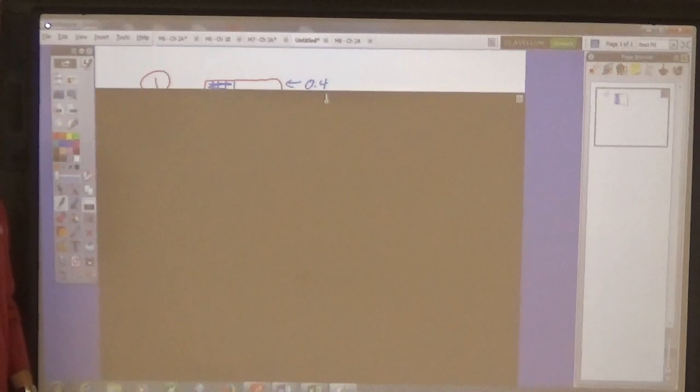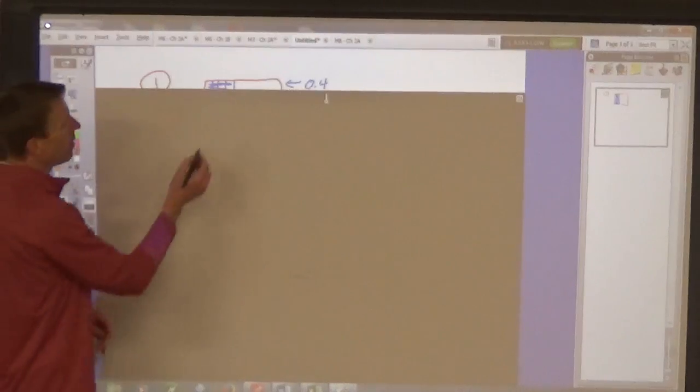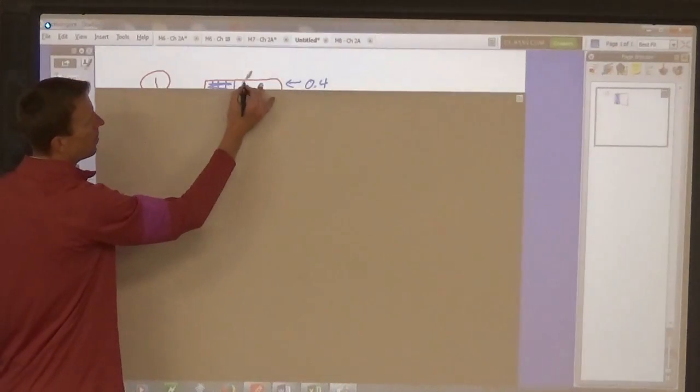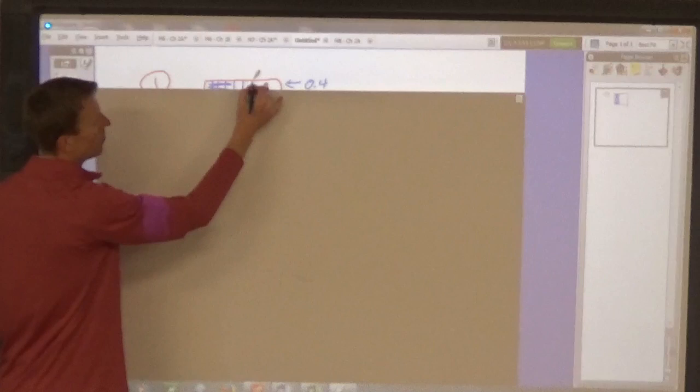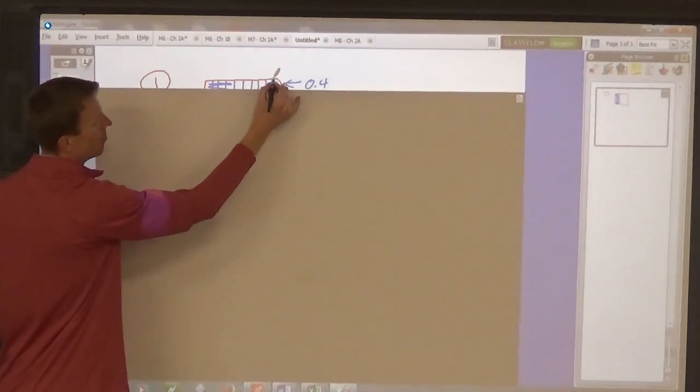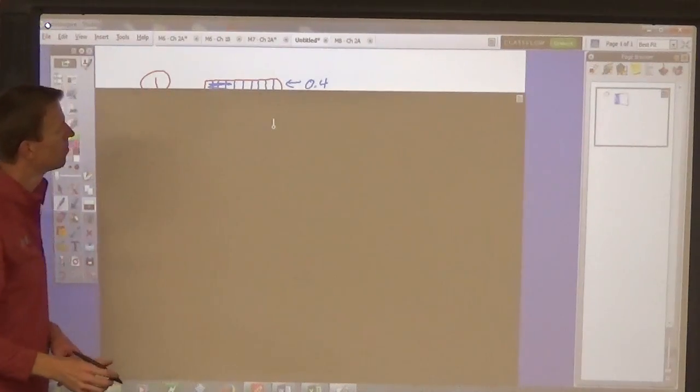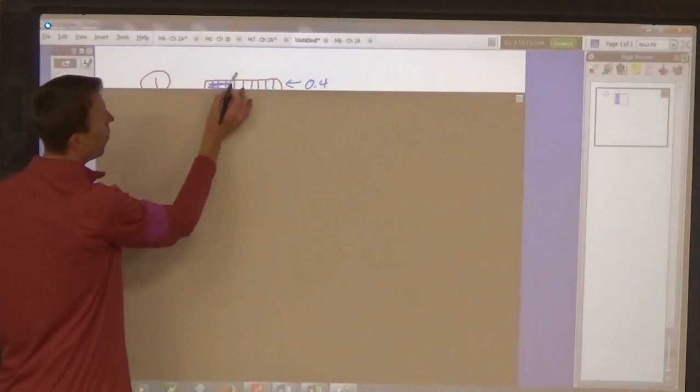Okay? You see that? 4 are shaded out of 10. So 4/10.